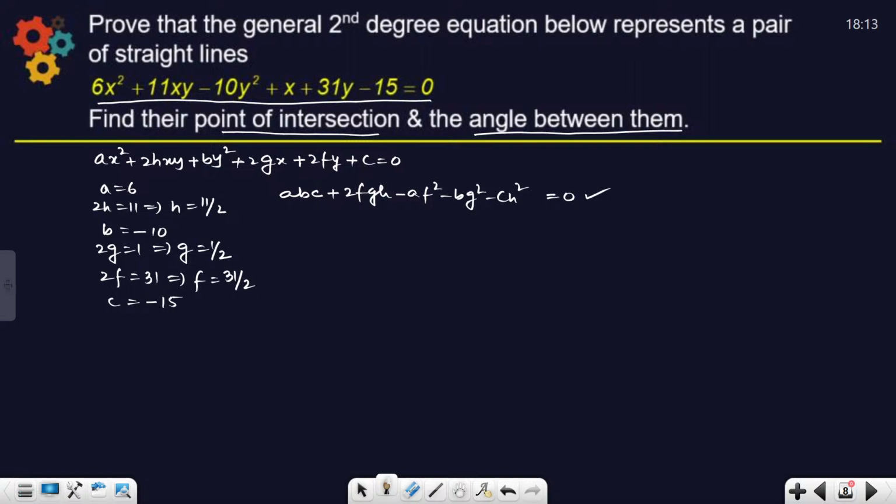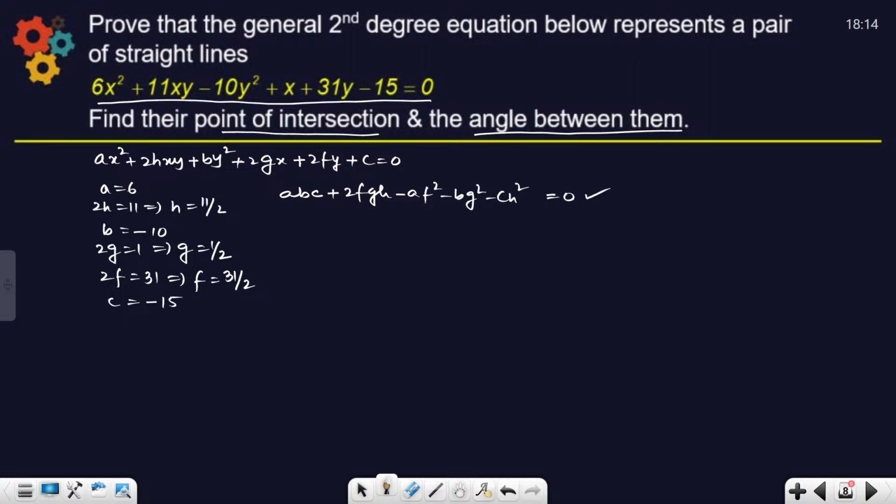Now, one clear indication is coming from this problem that you have to find out the two lines. The moment you find out the two lines, you can easily find out their point of intersection. At the same time, you can find out the angle between them.